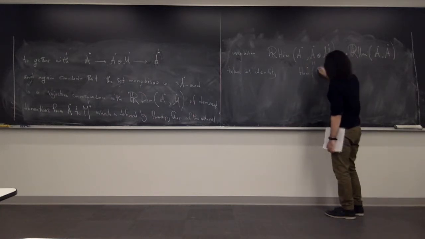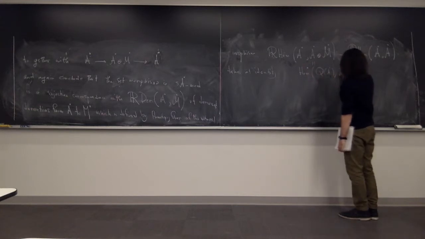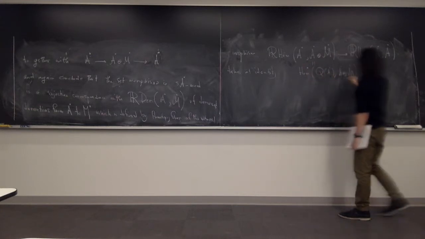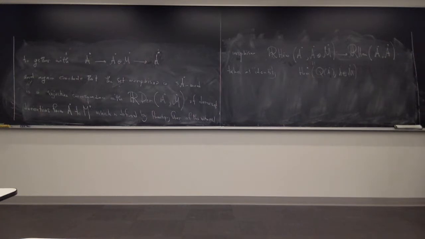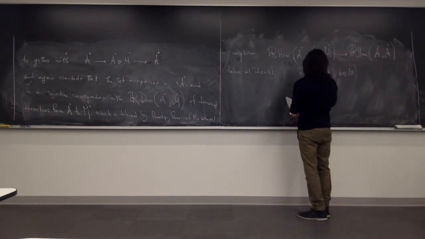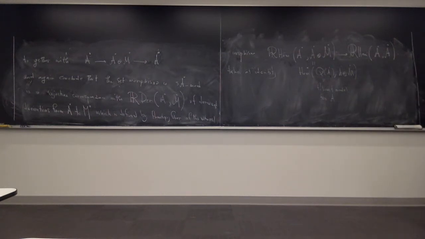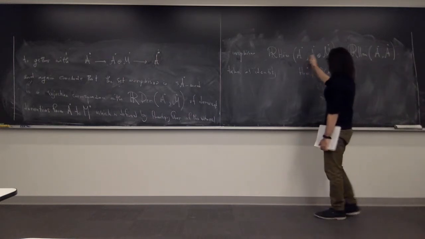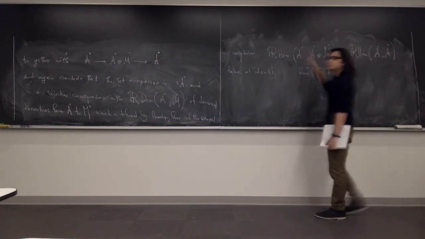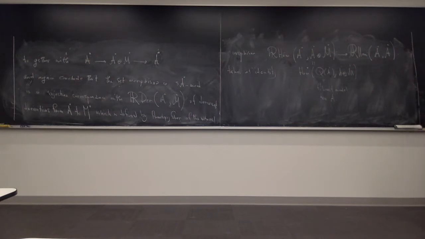So let's say we have some simplicial resolution of A, we replace one of them, and then we calculate this. So this is what we did before. This is the fibrant model for A dot. Same way that if you want to find the morphisms between objects in the derived category, you replace them by their resolutions.